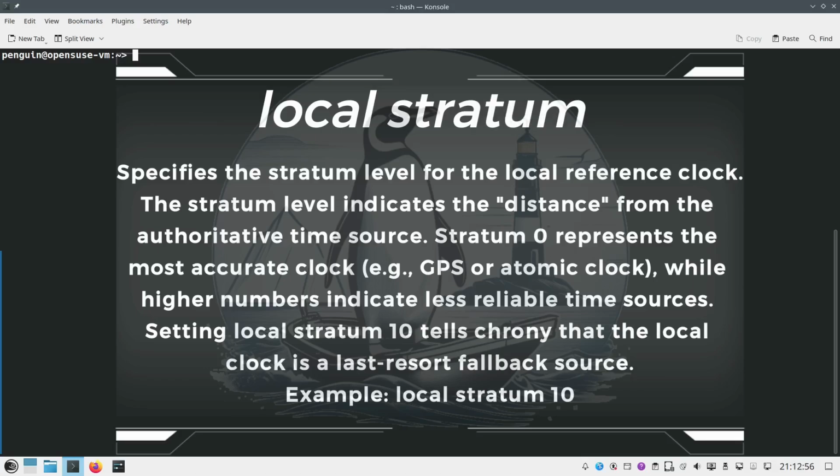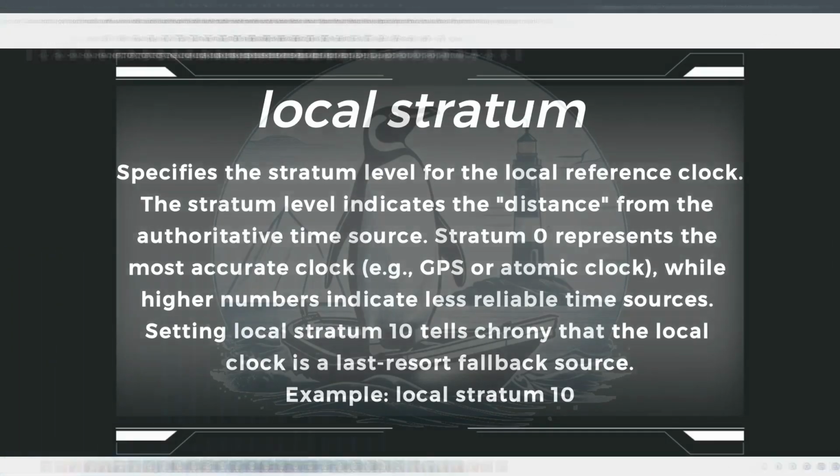The stratum level indicates the distance from the authoritative time source. Stratum 0 represents the most accurate clock, for example GPS or an atomic clock, while higher numbers indicate less reliable time sources. Setting local stratum 10 tells chronyd that the local clock is a last resort fallback source. For example: local stratum 10.